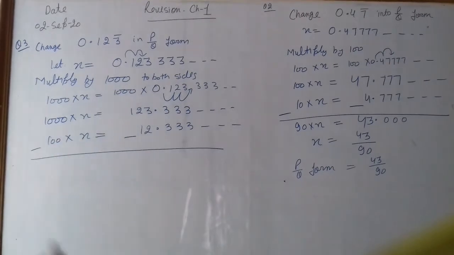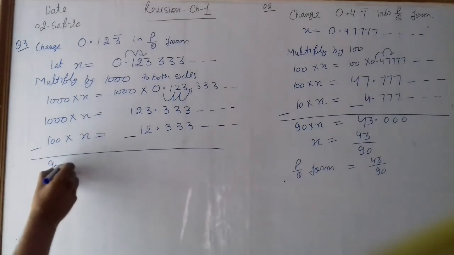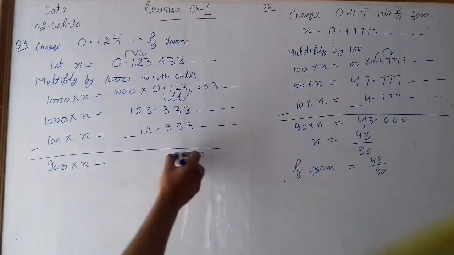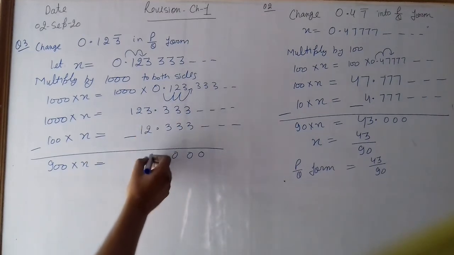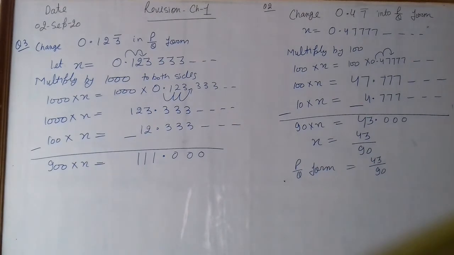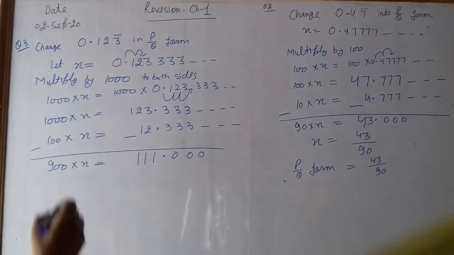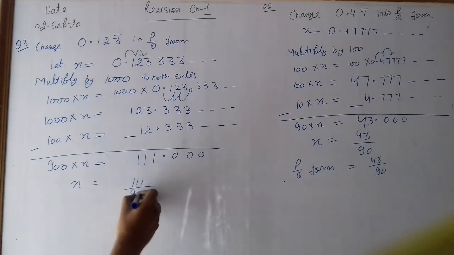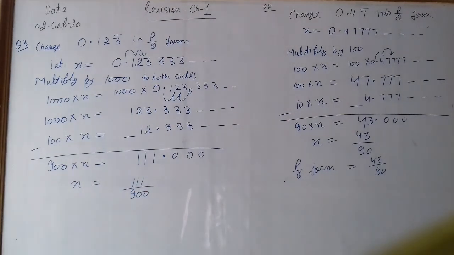Minus. Clear? 1000 minus 100, it becomes 900 into x. 123.3 minus 12.3 is 111. So x is equal to 111 upon 900.